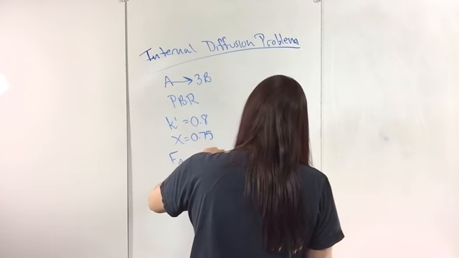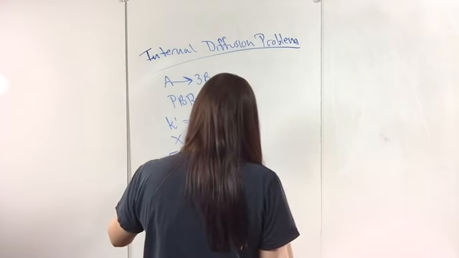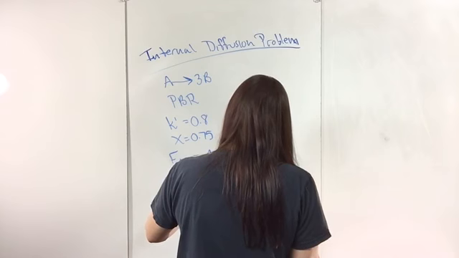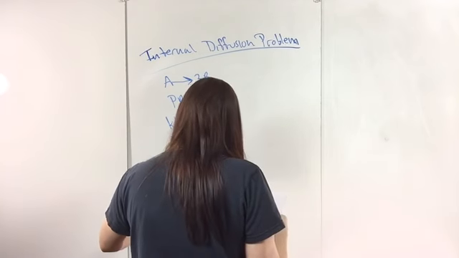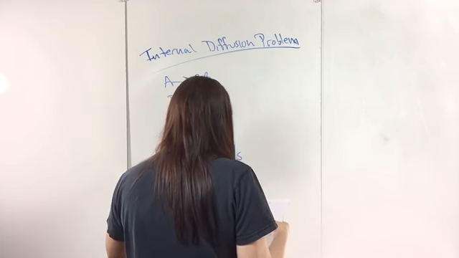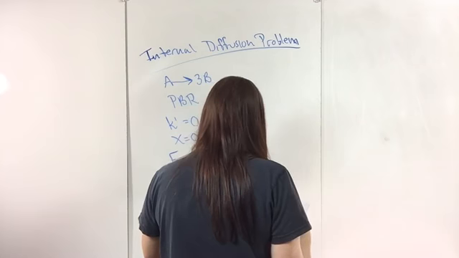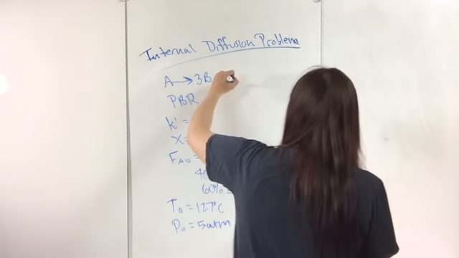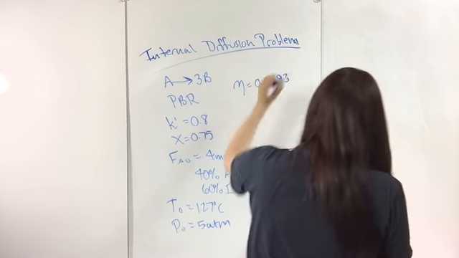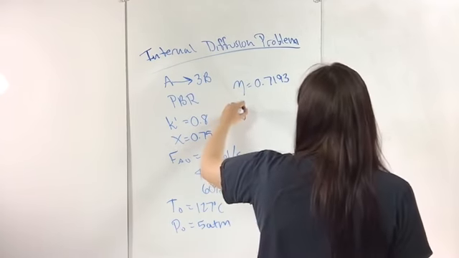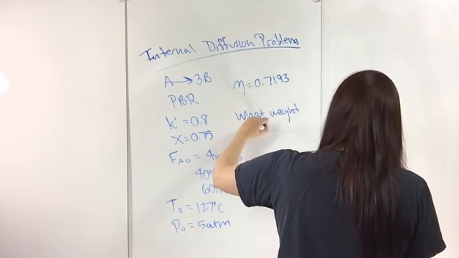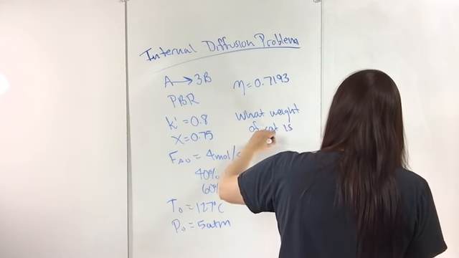FA naught is 4 moles per second, and it's 40% A and 60% inert. T naught is equal to 127 degrees C, and P naught is equal to 5 atmospheres. And your internal effectiveness factor is 0.7193. What weight of catalyst is needed?